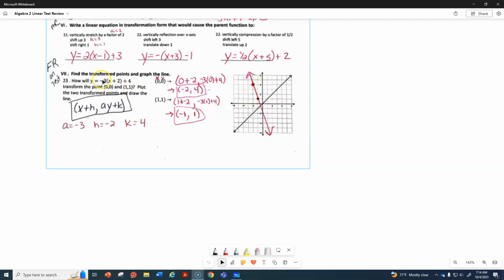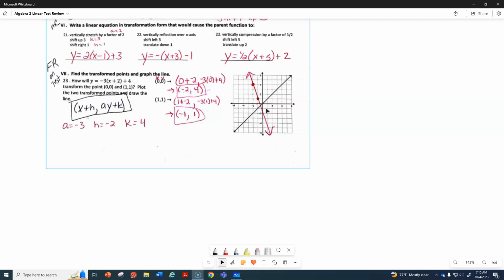That's because the negative sign is reflecting it, and then I'm shifting it left and up 4. Since the point 0, 0 is on the origin, it doesn't reflect because it's on the origin. The point 1, 1, we're going to reflect it. So the point 1, 1 is going to reflect down to below the x-axis. So it's going to be 1, -1.